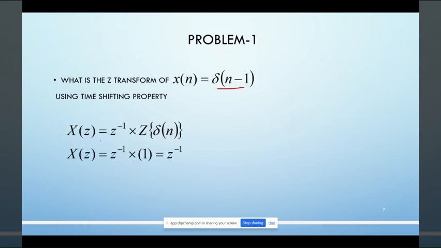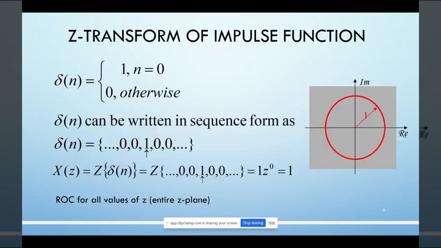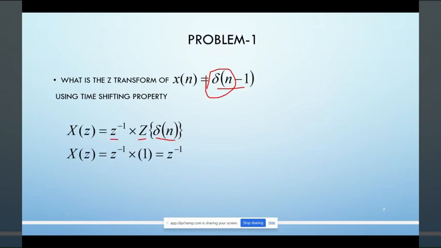So z power minus 1 into x of z, where x of z is the transform of del of n, because the actual function is an impulse function. For del of n, we found previously that the x of z value is 1. On substituting it as 1, we get the final x of z as z power minus 1 for this particular problem.